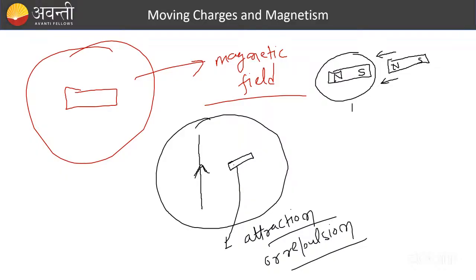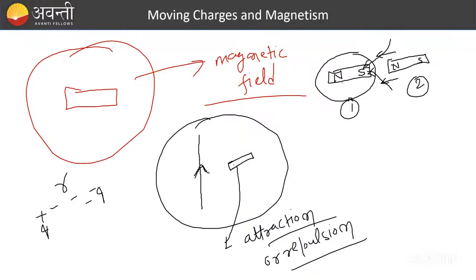So let's say this is magnet 1, this is magnet 2. Magnet 1 is attracting magnet 2. Magnet 1 has a magnetic field in this region, and this magnetic field is attracting magnet 2. Just like how does one charge interact with another charge? Through the electric field.